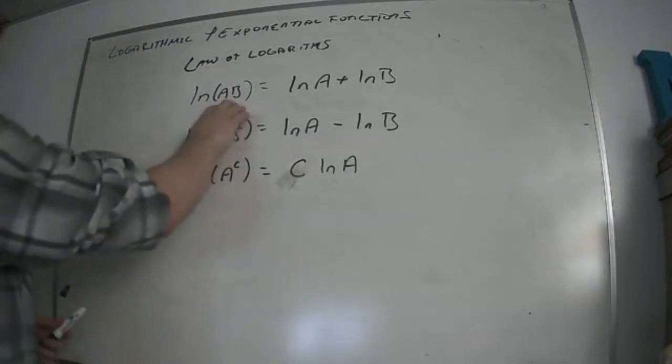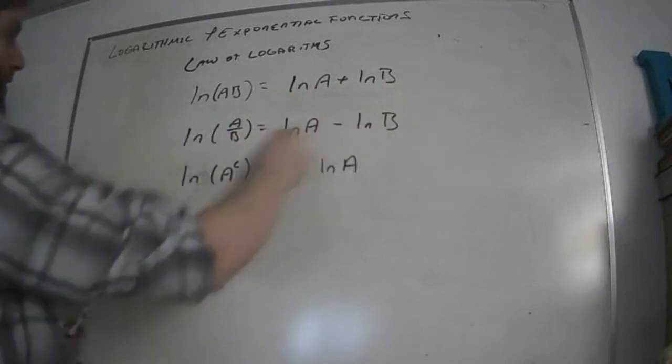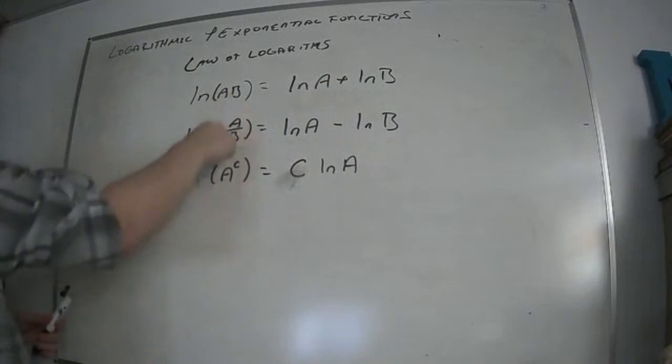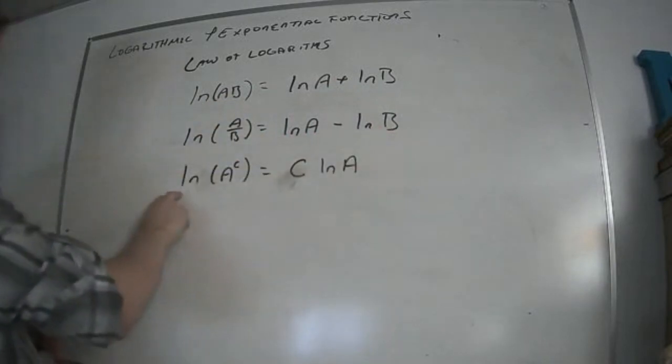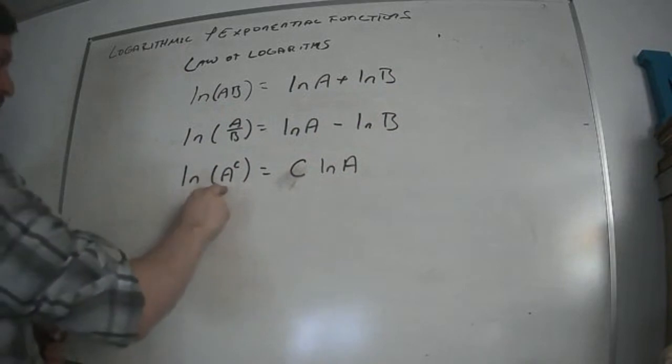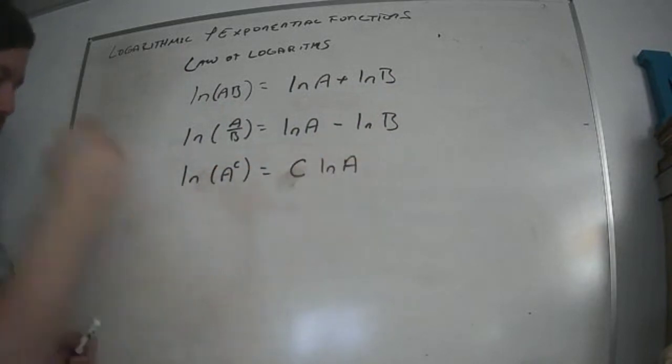So the logarithm of the product a times b is the logarithm of a plus the logarithm of b. Natural log of a over b is ln a minus ln b. And the logarithm of anything to an exponent is that exponent multiplied by that log.